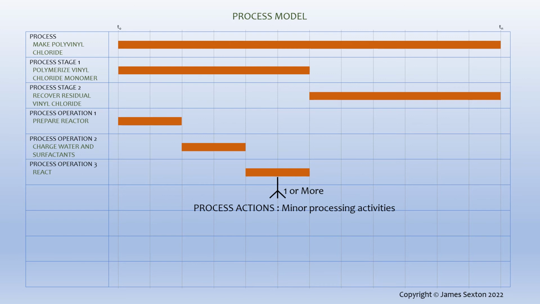Each process operation in turn specifies the order of execution of one or more process actions, which represent minor processing activities. Again, in the example process, the last of these operations, react, is expanded into four actions.